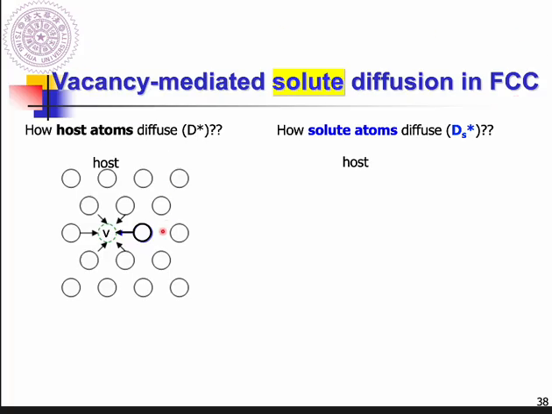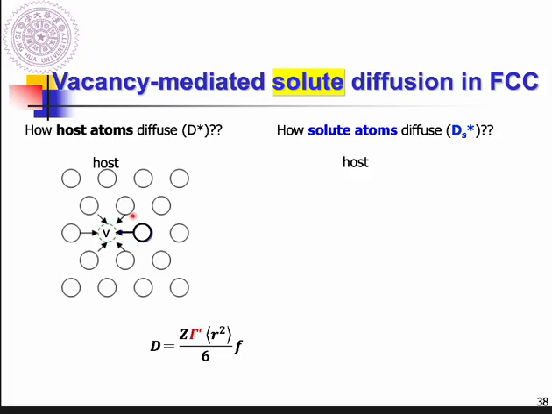So how does the host atom diffuse? Here, we have just one kind of host atom. As long as there's a vacancy nearby, the host atom will diffuse or exchange sites with the vacancy. This is what we call the vacancy mediated one.